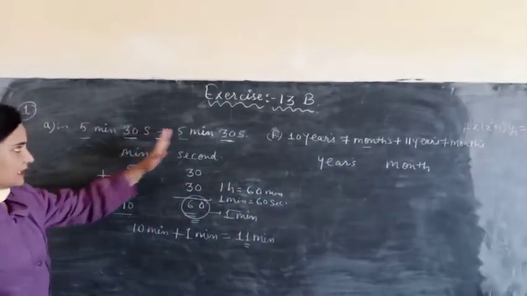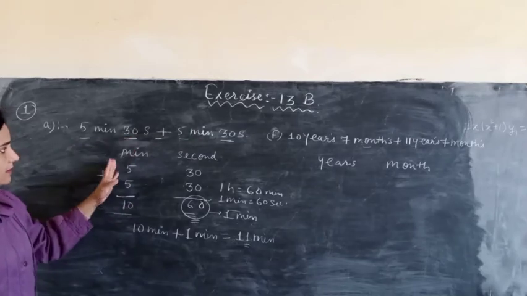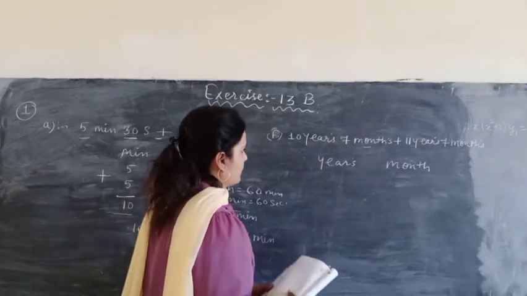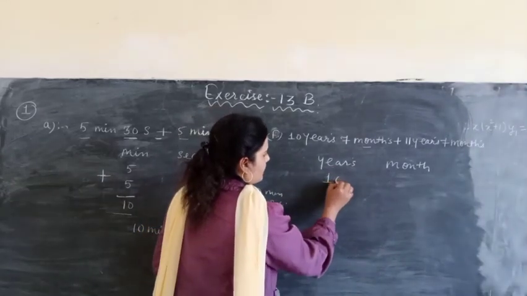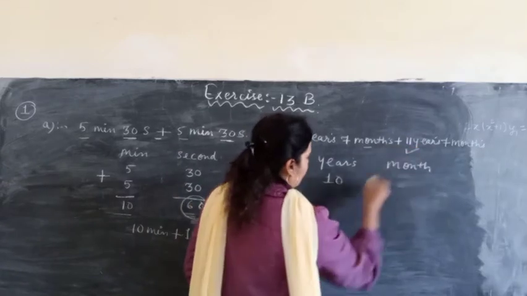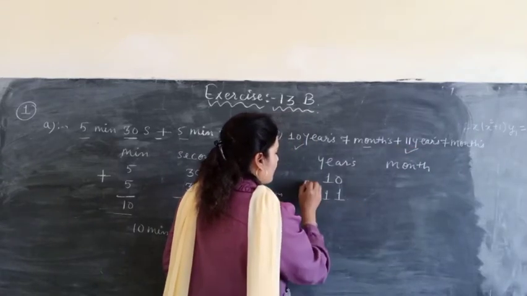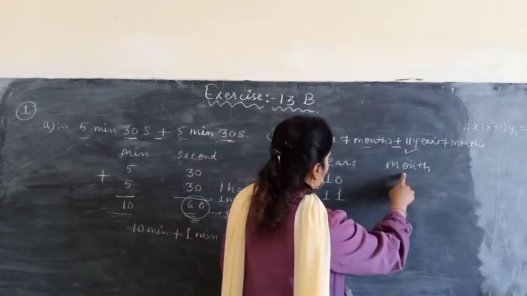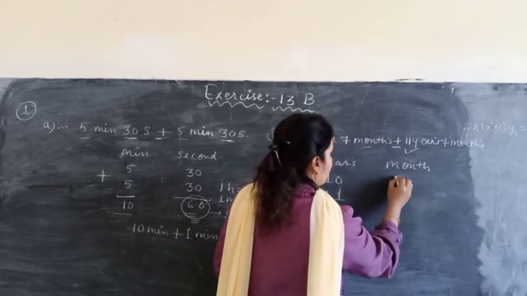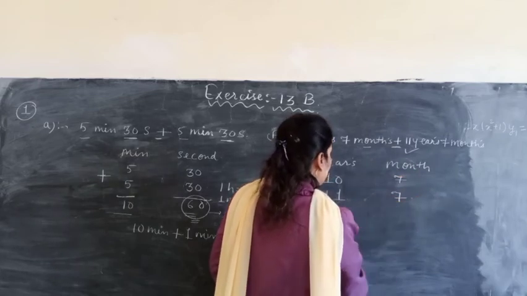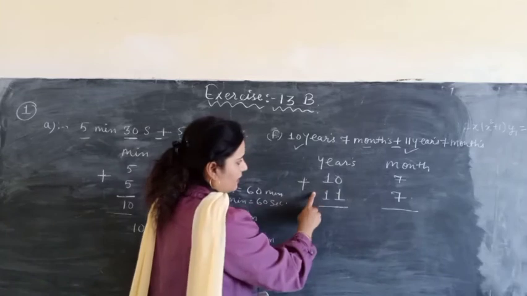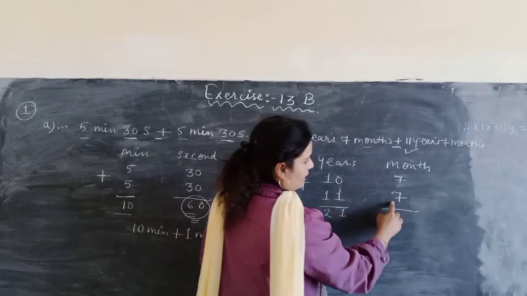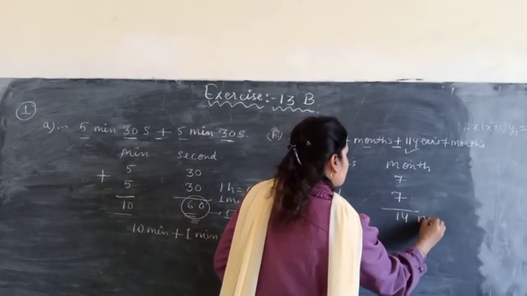Here minutes and seconds were given together, and here years and months are given. So we write the proper years: 10 years and 11 years, put the sign, and months: 7 months and 7 months. Then we add: 10 plus 11 is 21 years, and 7 plus 7 is 14 months.